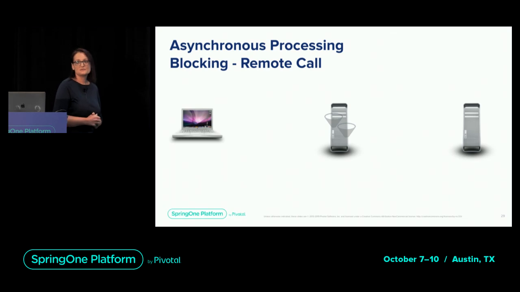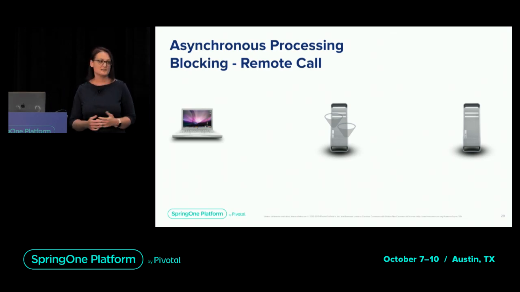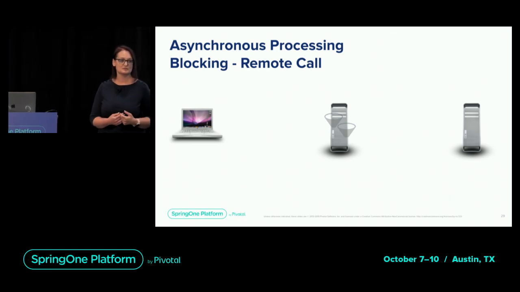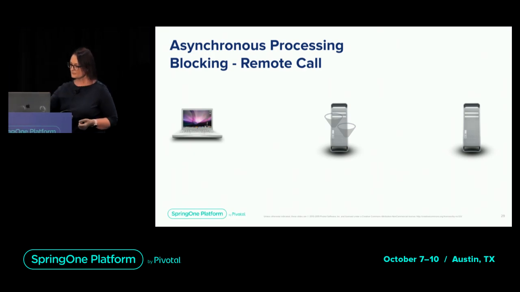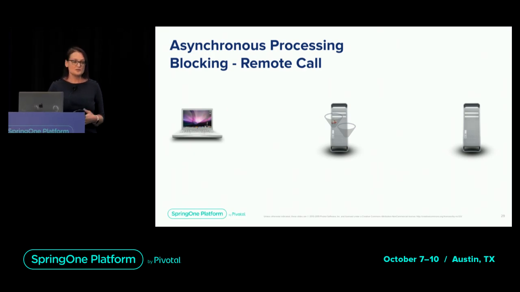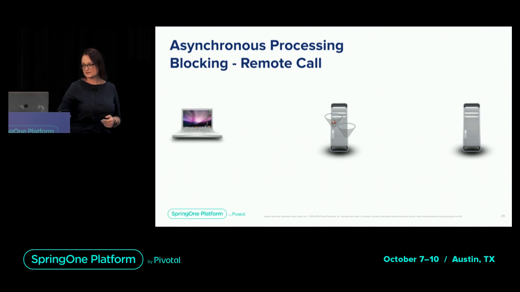What will happen if we decide to do asynchronous processing? What will change? When the request comes to the server, we can offload the server thread, and we can do the actual processing in another thread from an external thread pool, for example.